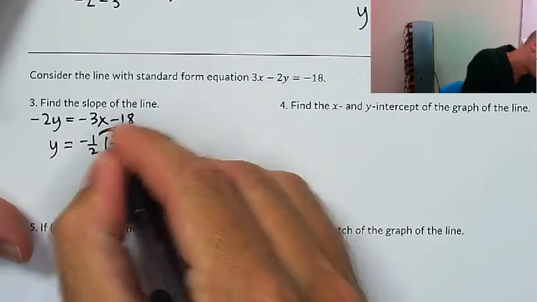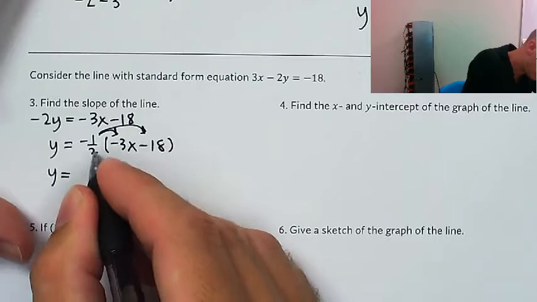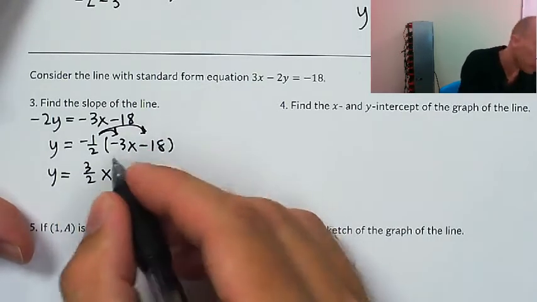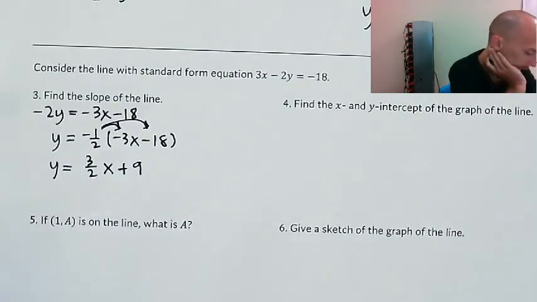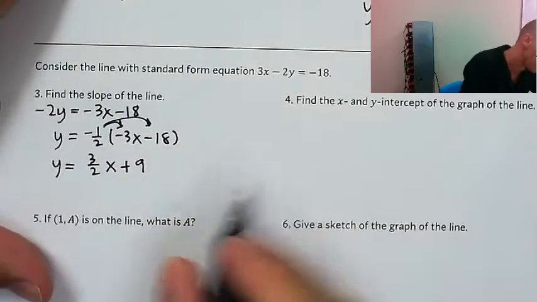And then when I distribute, I'm going to have y equals positive 3/2 x plus 9. Okay. And if we're just looking for the slope of the line, that's just going to be this 3/2 number, right? The number that's attached to x.